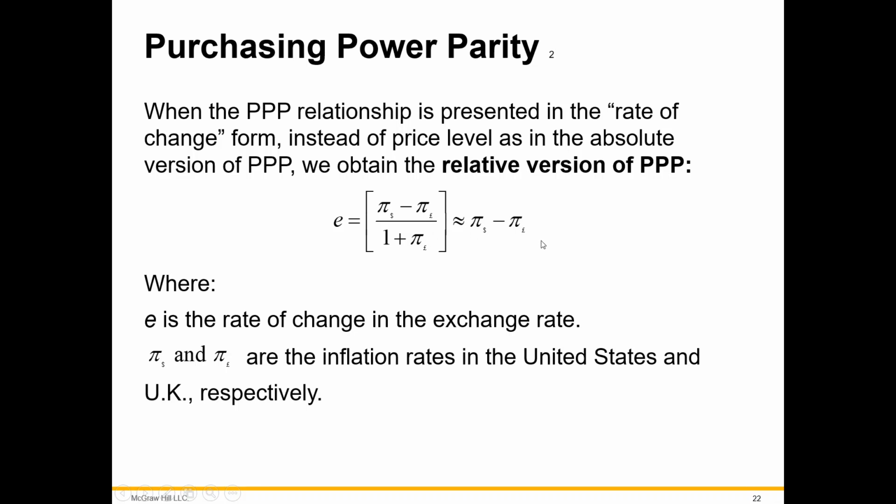This is the one that's closer. But that means in general, if the dollar is inflating at 4% and the pound is inflating at 1%, we would expect the exchange rate to drift by 3%, right? Against the dollar. As in, the dollar would decline in value relative to the pound if it has higher inflation than the pound.